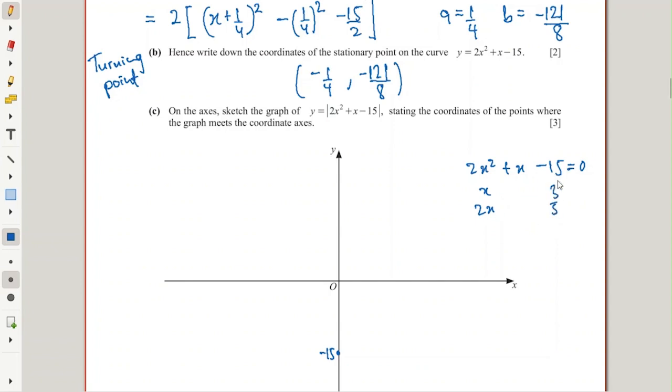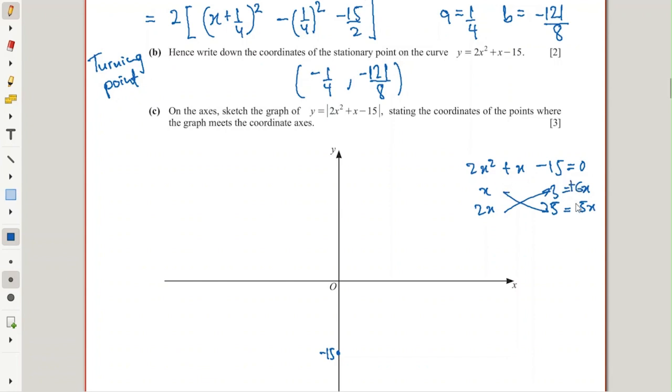This is more of a trial and error method, but it works if you're going to get a whole number or fraction every time. It does, unless you're going to get a surd. That's when it's recommended that you use the quadratic formula.